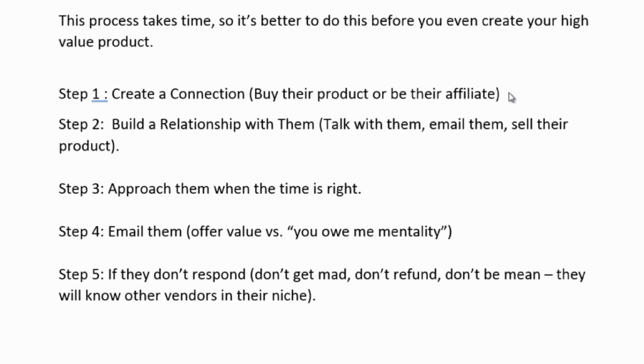So in this case, if we're going to do something on weight loss, specifically related to foods, then what we want to do is we want to find all the vendors that are not directly related to weight loss foods, but maybe they offer things like weight loss exercises or things that are not directly in competition that they would more likely say yes. So you can buy their product, or you can be their affiliate and promote their product, which we'll talk more about in the next video.